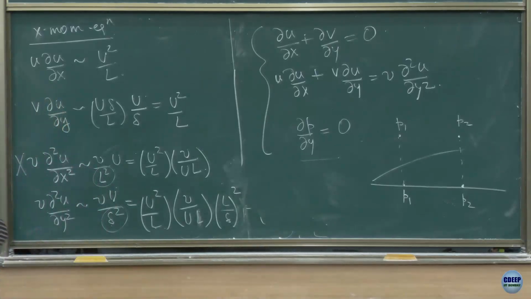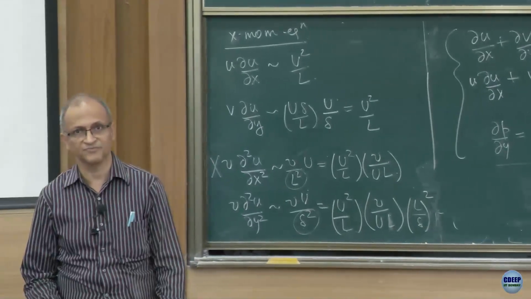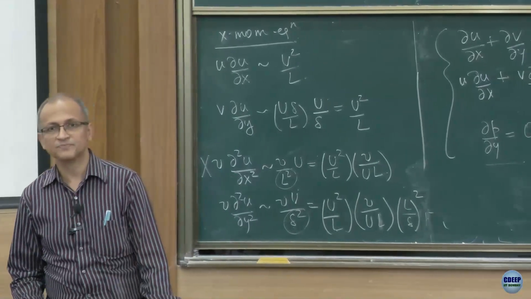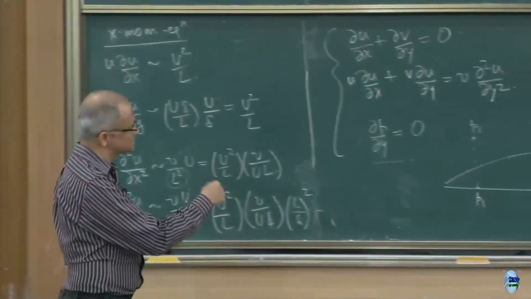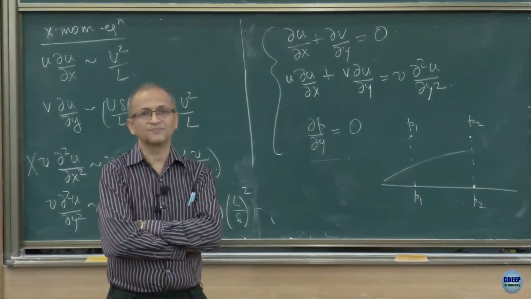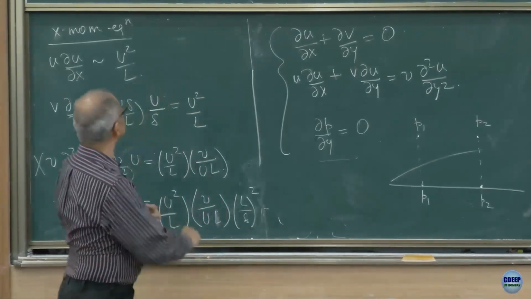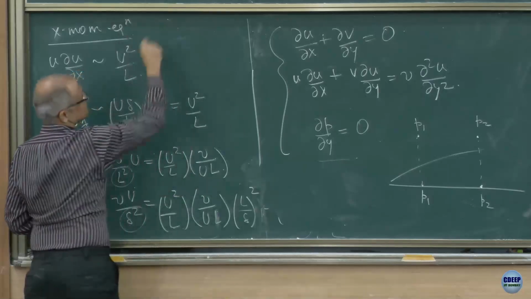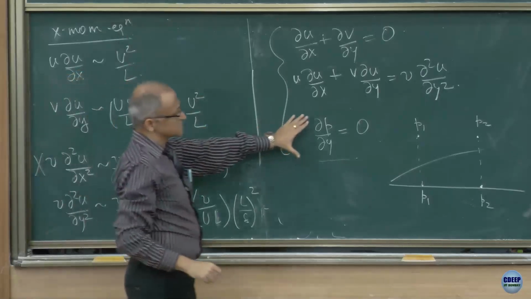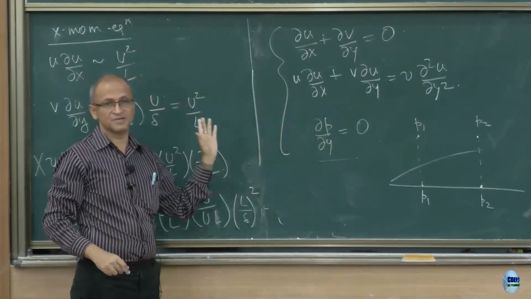So it's actually quite an interesting and quite a useful result to have. And as we go along, we will see that we will have many other flows which will have this. So we are saying that this need not be imposed, because I got this condition looking at the y momentum equation, which has nothing to do with whether dp dx is there or not.